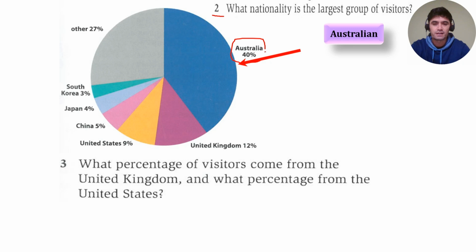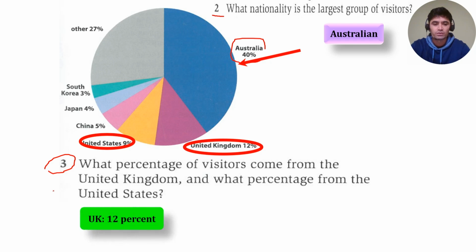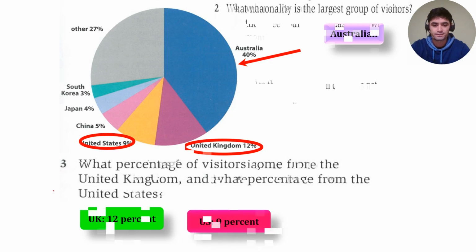Australians are the largest group of people who visit New Zealand. Next question, number 3. What percentage of visitors come from the United Kingdom and what percentage from the United States? So as you can see here in the chart, 12% of people visit New Zealand from the UK and 9% visit from the US.